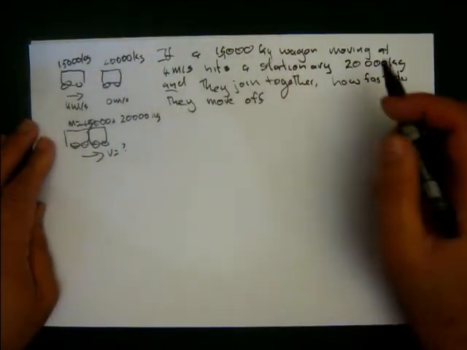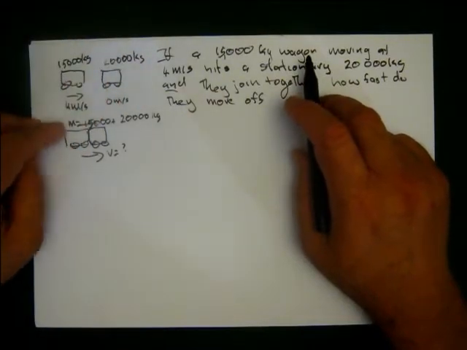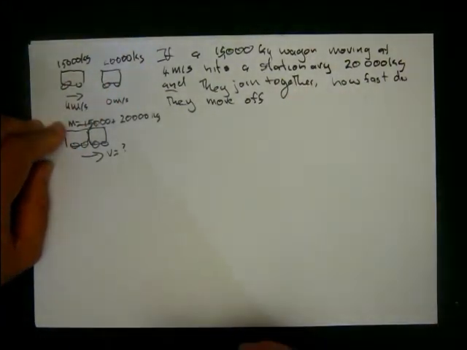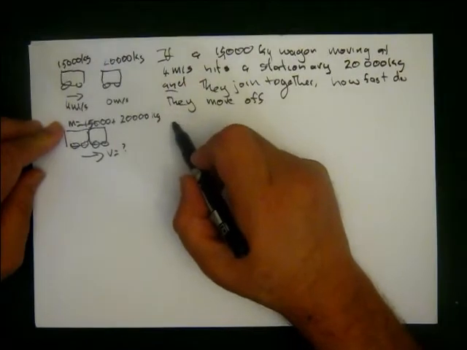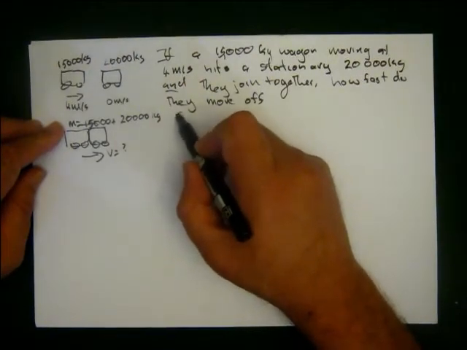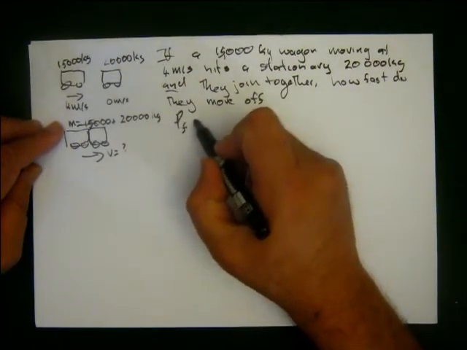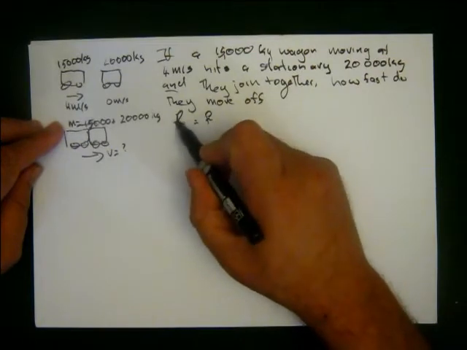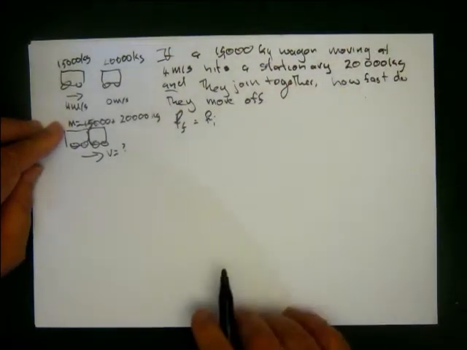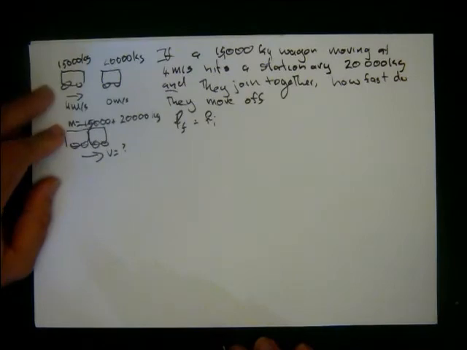Well, we've pretty much written down what we know. So what we're going to use here is conservation of momentum, so P_F equals P_I. Let's work out what the initial momentum is.